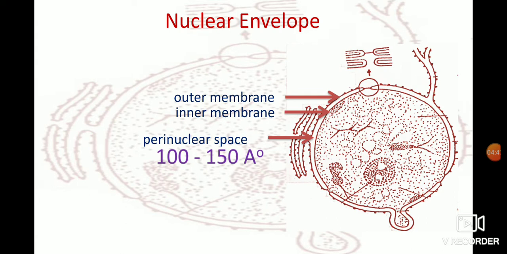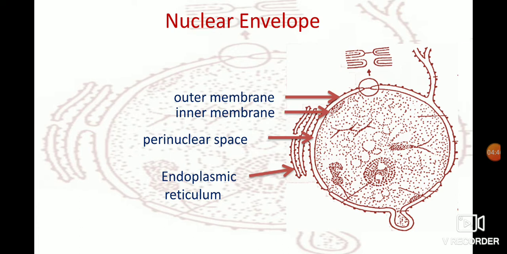The outer membrane is continuous with the rough endoplasmic reticulum, and it is studded with ribosomes. The inner membrane is linked by fibrous filament proteins called lamins, which form a scaffold of filaments called the nuclear lamina.